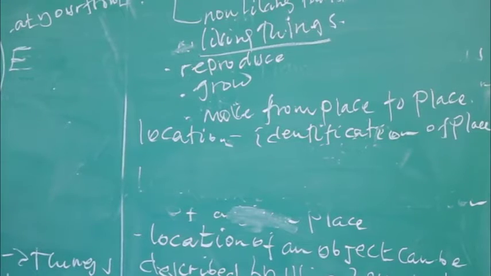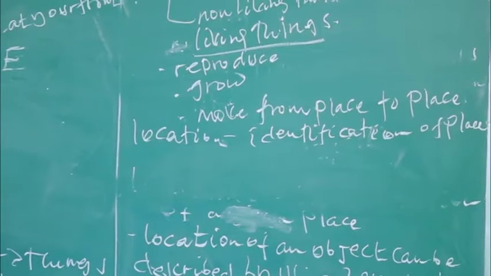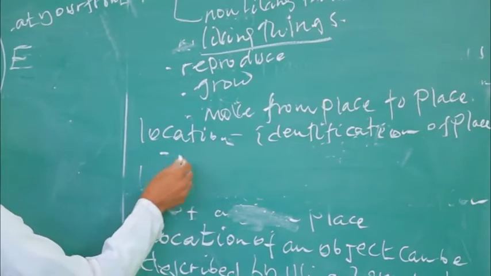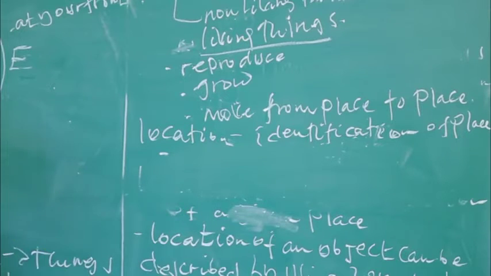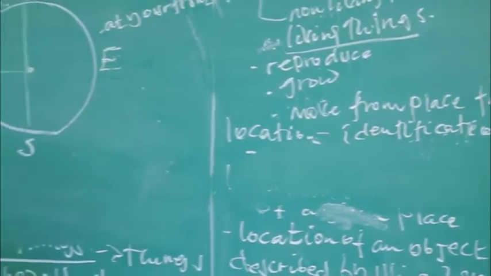We can identify a given object by using the four parts: to the left, to the right, to the back, and to the front. You can locate a given object by using these methods.